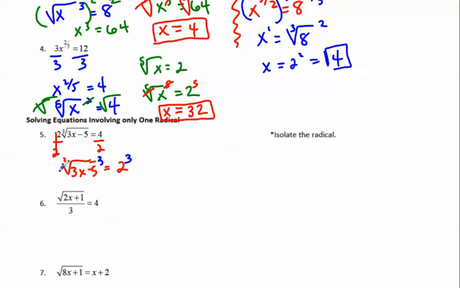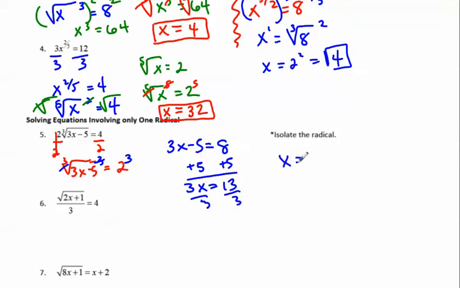And this cancels. So I have 3x minus 5 equals 2 to the third. 2 times 2 times 2 is 8. Alright, add 5 to both sides. 3x equals 13. And now divide by 3. So x is going to be the fraction 13 over 3.